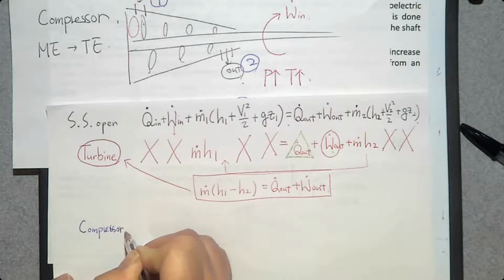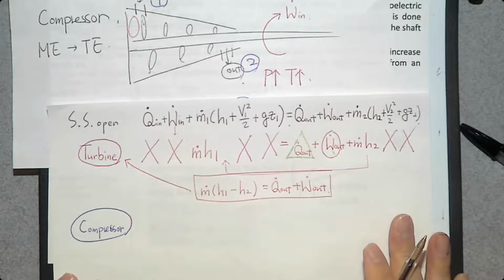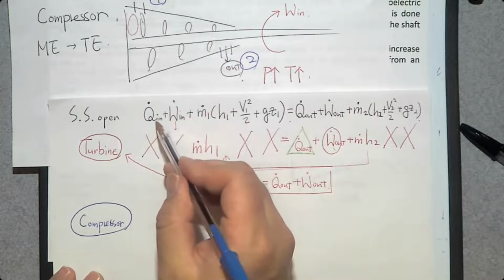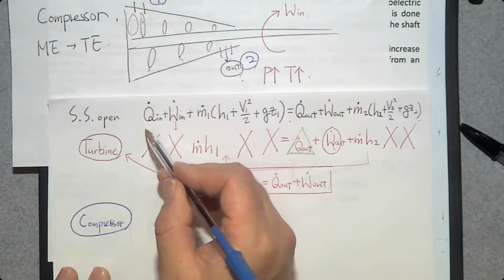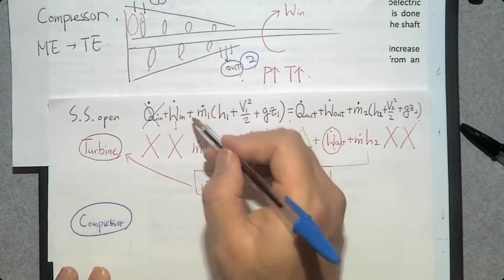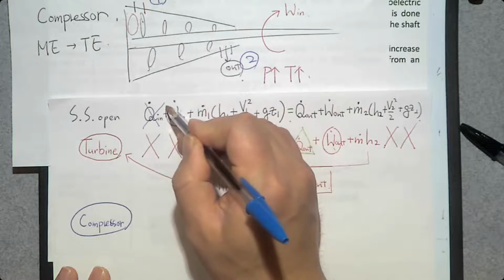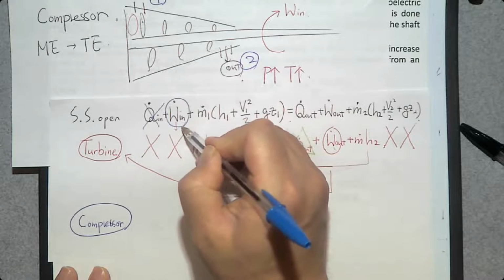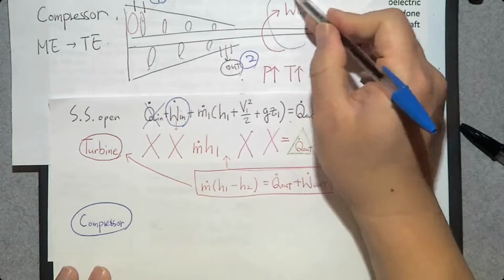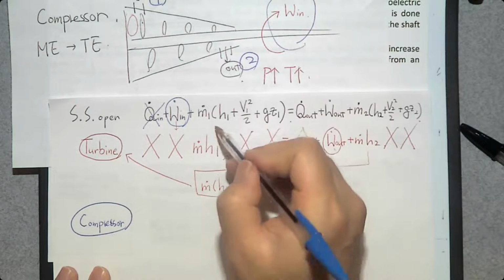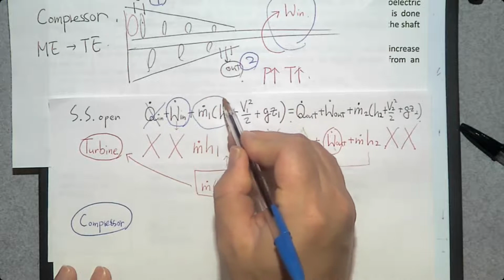Blue. So do we heat the compressor? No way. There is a power that goes in. There's a work input to run this compressor, right? Yes. And there is enthalpy at the inlet.